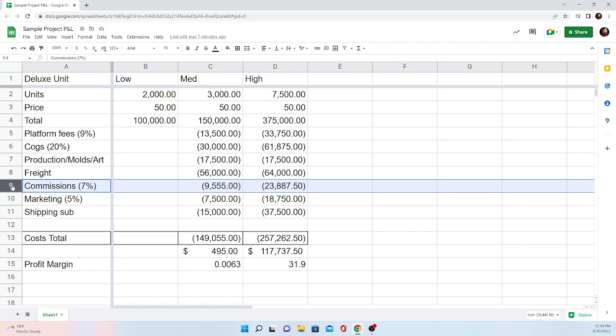This one, I'm going to argue 5% should be your base. 5% should be the bottom of the barrel for marketing. You should spend at least 5% on marketing. Like I said, I've spent all the way up to 11 or 12% on a campaign, depending on its profit margin.